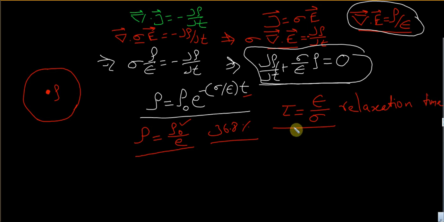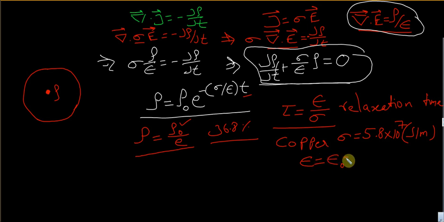And for a good conductor, let us assume copper. For copper, sigma is equal to 5.8 into 10 to the power 7 Siemens per meter. This is the value of sigma for copper, and if we are assuming free space, epsilon is equal to epsilon naught, which is 8.85 into 10 to the power minus 12 farad per meter.